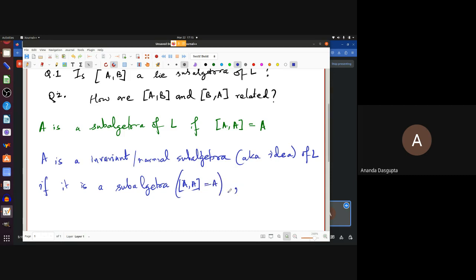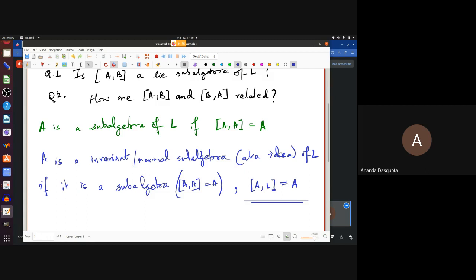If you take two elements from A and take the Lie bracket, you are going to get an element in A. But now you are insisting that if you take a Lie bracket between an element of A and any element of L, the result will be in A. And therefore, this is the condition for an ideal. That is, this of course expresses the fact that if you take something from A, something from L, form the commutator bracket, and then take all possible linear combinations, you're going to stay within A, and that's it. Is that okay?